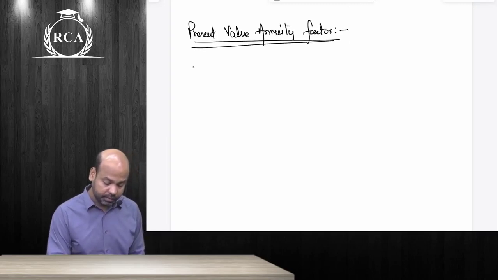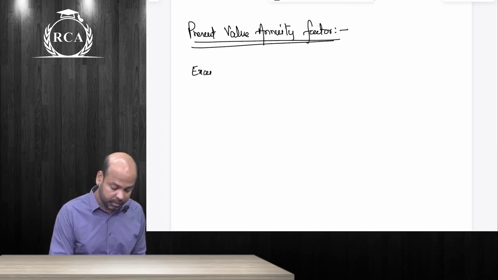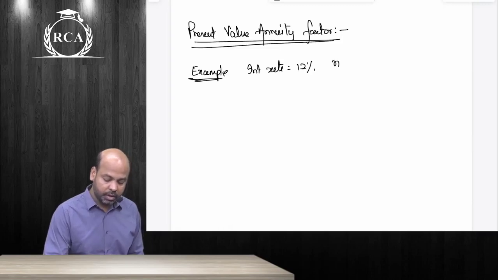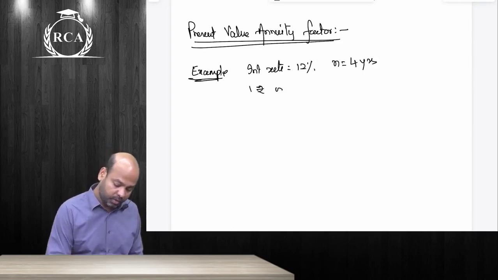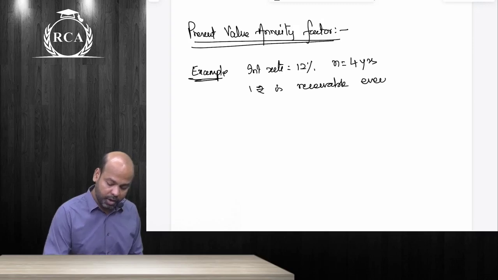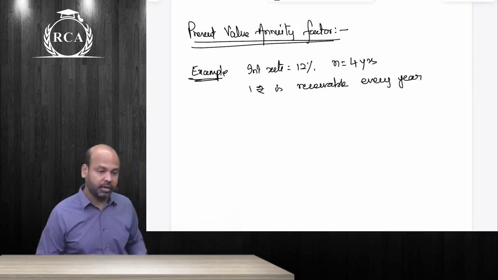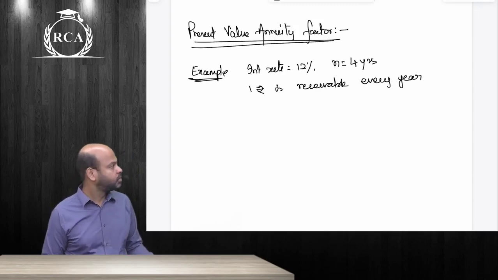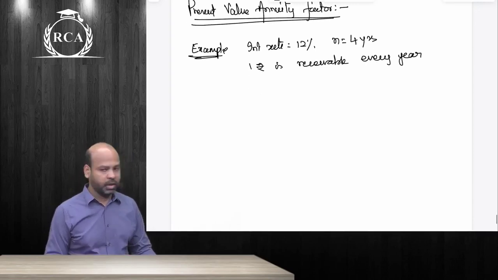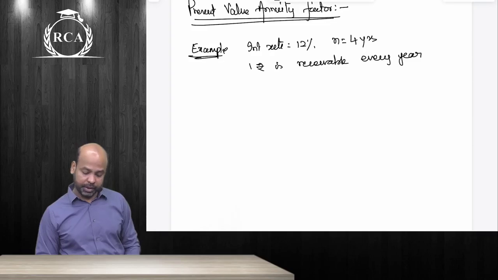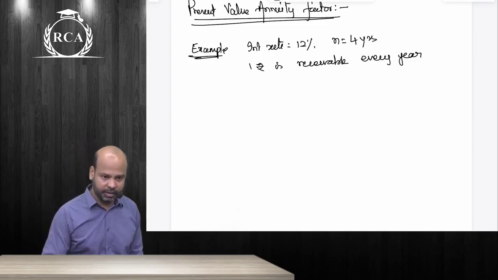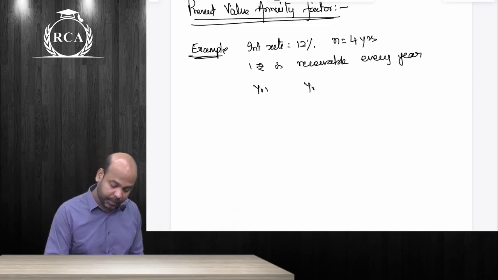Example. Interest rate is 12%. Time period is 4 years. 1 rupee is receivable every year. So, write like this.